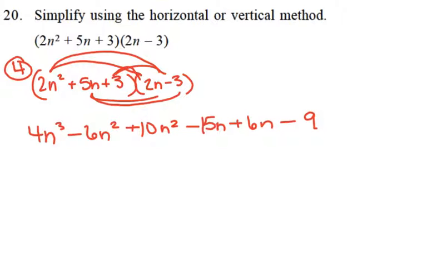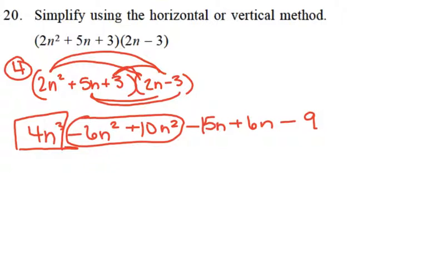Now looking at all of our terms, we have n cubed, and n squared, n to the first, and a constant. So I'm going to box this first one up. I'm going to group up the next two since they have like variables with the same exponent. Then I'm going to do these.